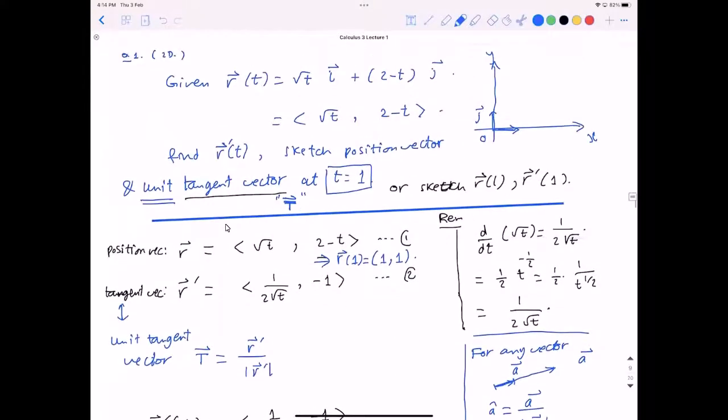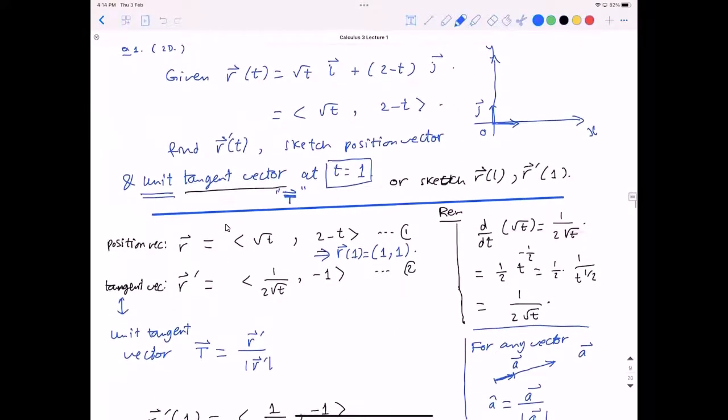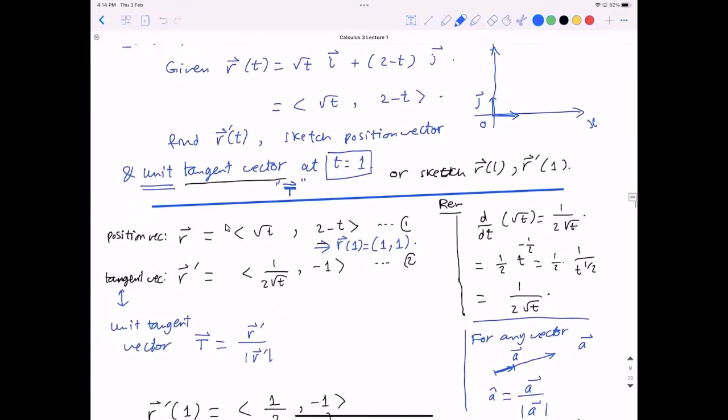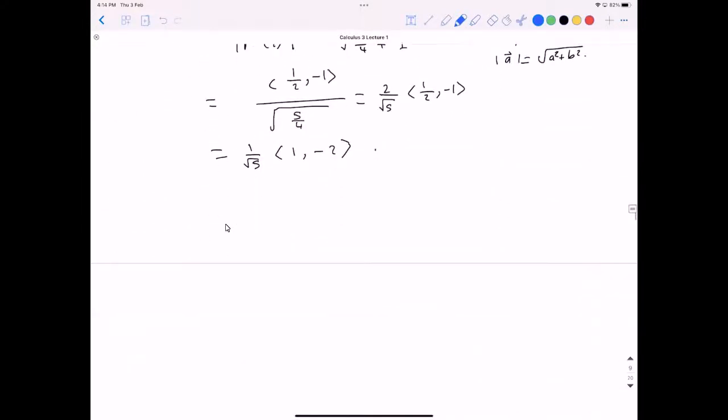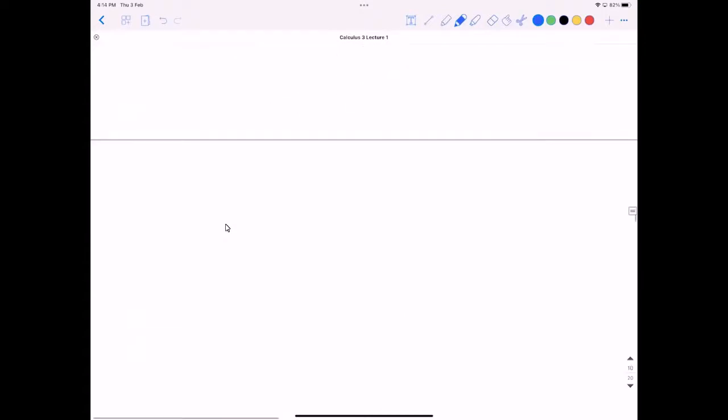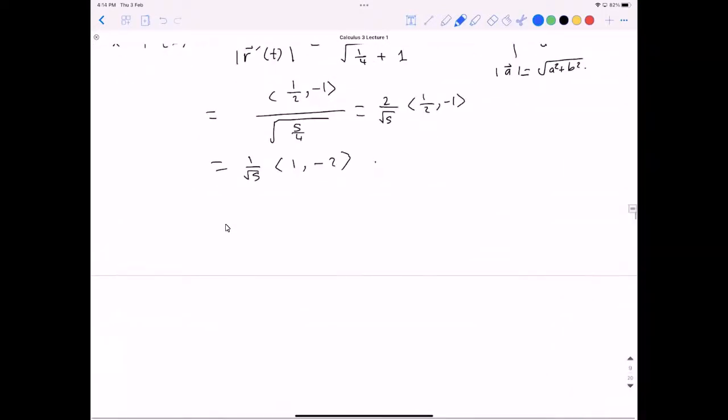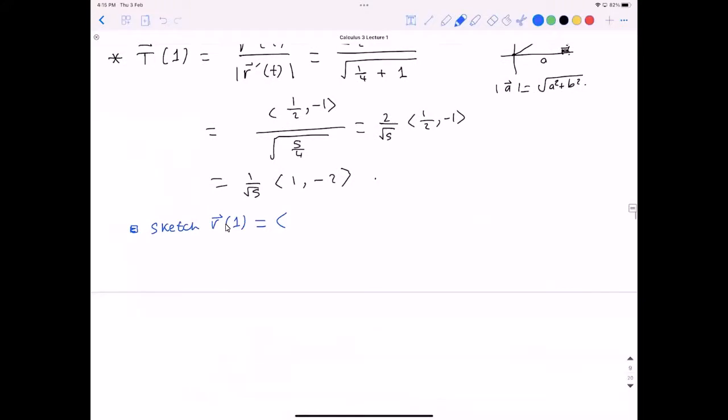He asked me to sketch the position vector at 1 and the unit tangent vector at 1. So we need to sketch R of 1, which is the vector (1, 1), and T of 1, which is 1/√5 times (1, -2).